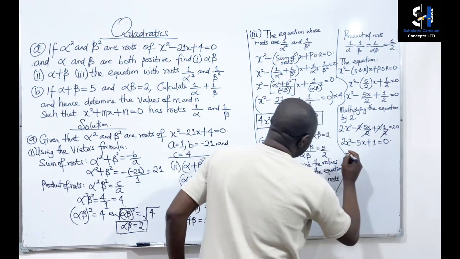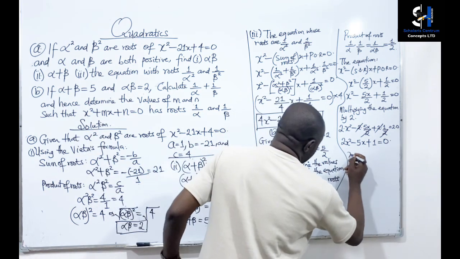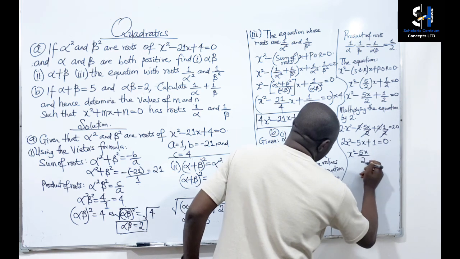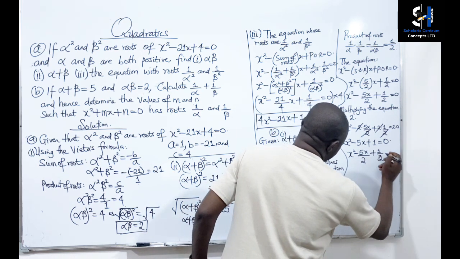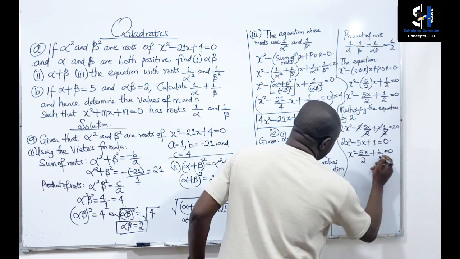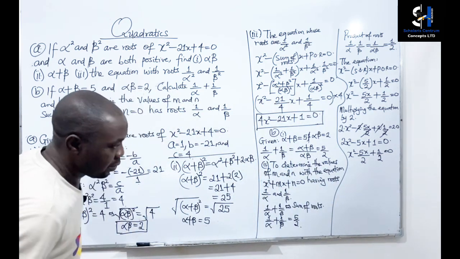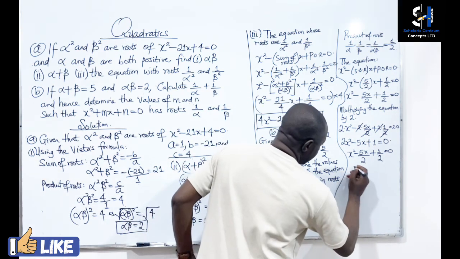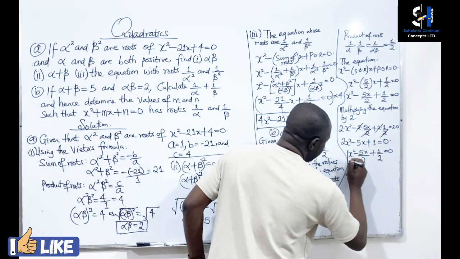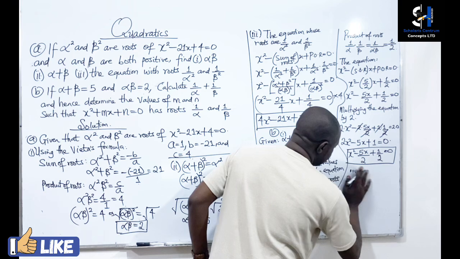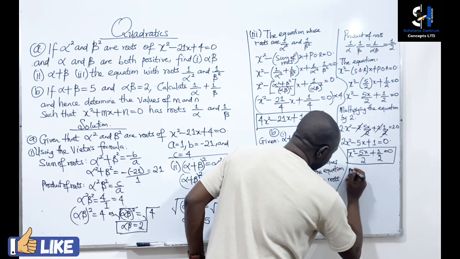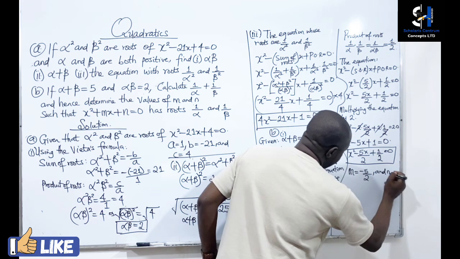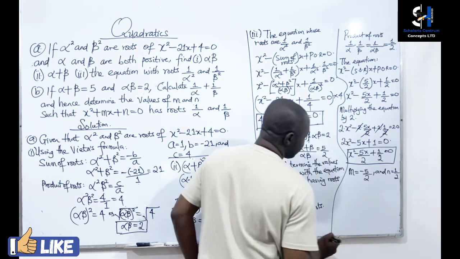Now let's do it this way. Let's divide by 2 because the coefficient of x squared must be 1. So we have x squared minus 5x over 2 plus 1/2 equals 0. In this case, the value of m is minus 5 over 2, and the value of n is 1/2.